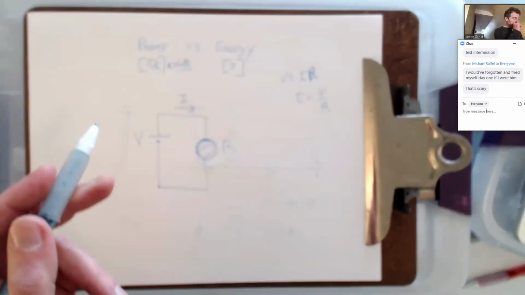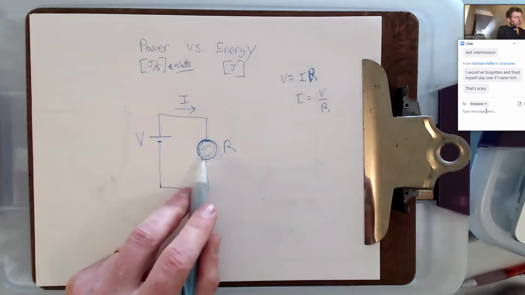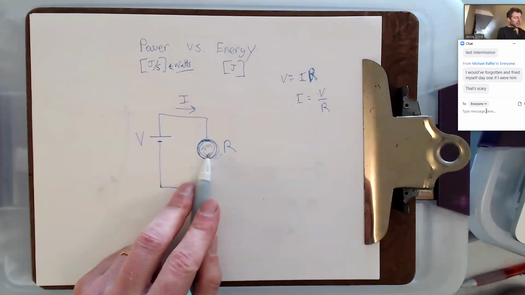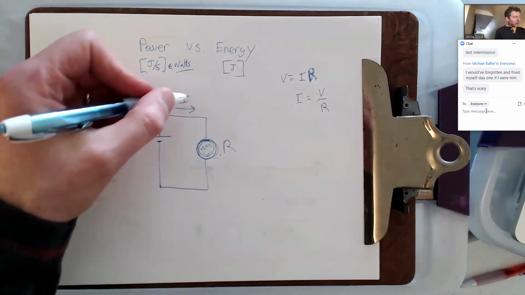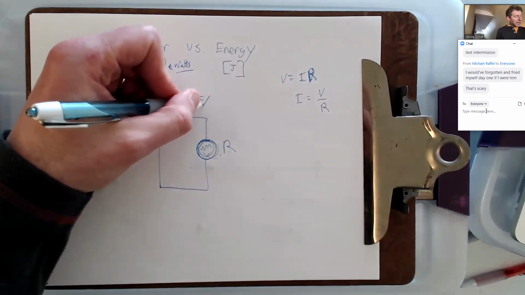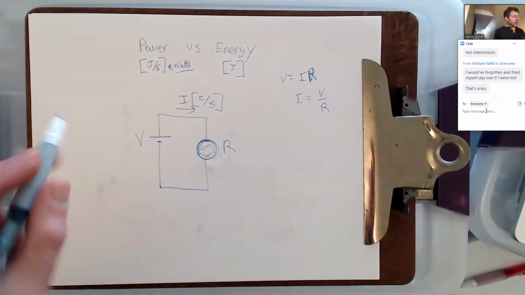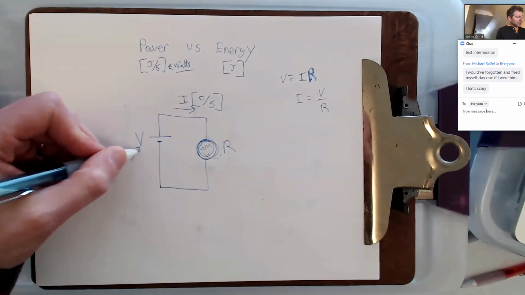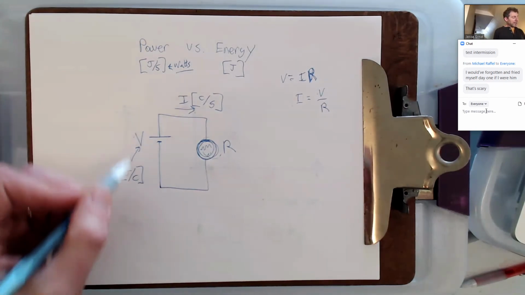Obviously, they're the same. So the question is, how fast are you using up energy if you do this? Well, this is a subtle thing. There are I coulombs per second flowing in this circuit, and the voltage difference is V joules per coulomb.